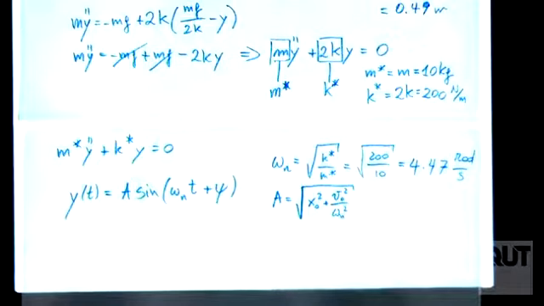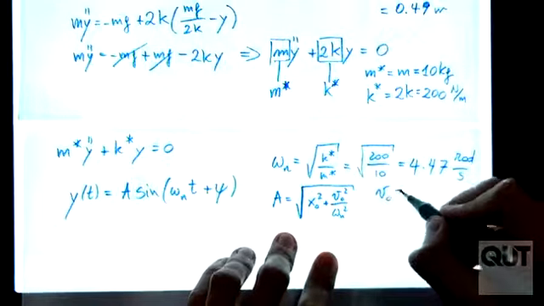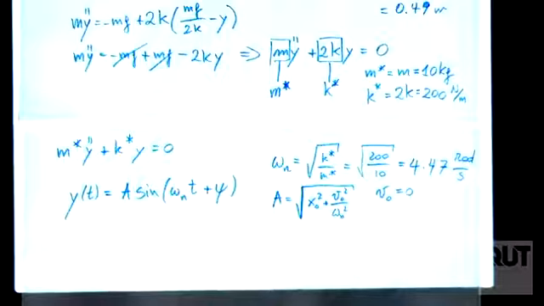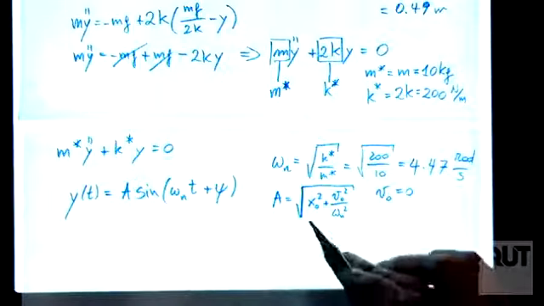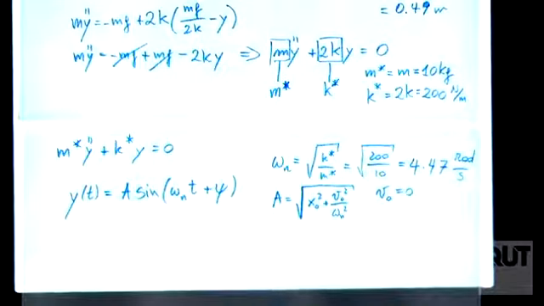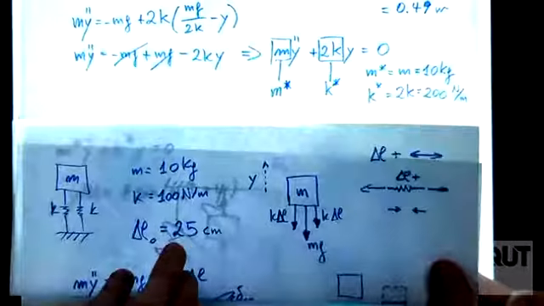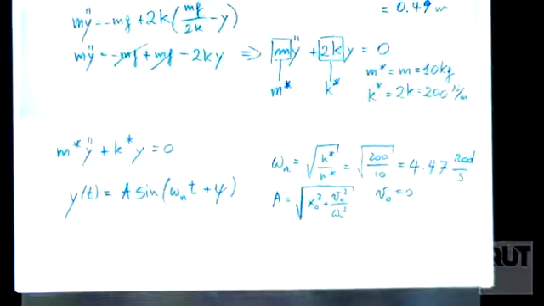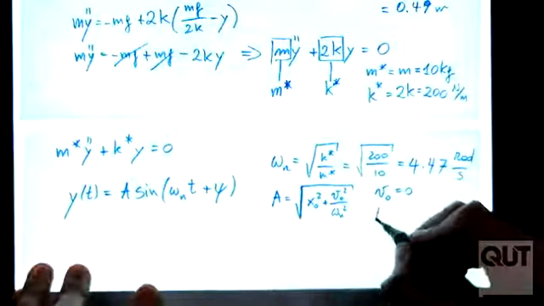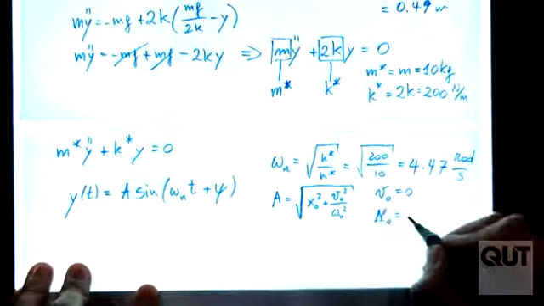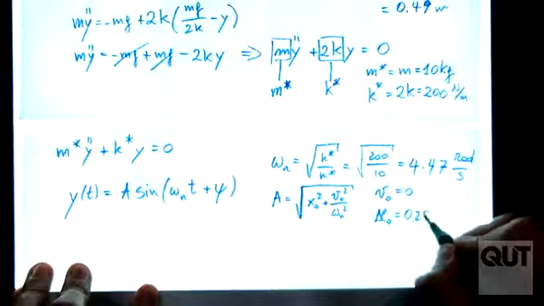The problem told me that v0 was equal to 0, so I dropped the system from a still position, so it doesn't have an initial velocity. But how much was x0? Well, we don't know directly, but the problem told us that delta L0 was 25 centimeters. So we know that delta L0 was 0.25 meters.